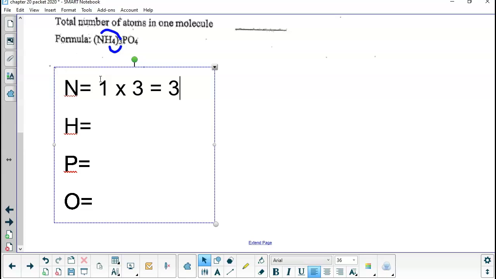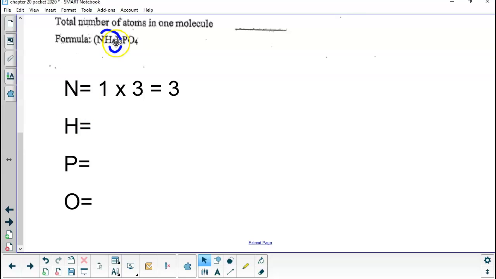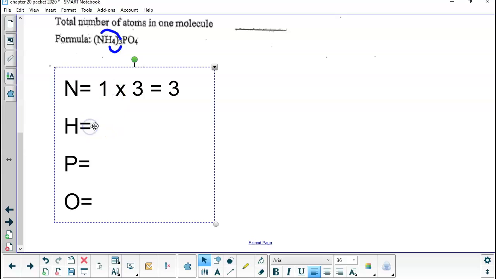So in reality, I have 3 N's. For the H, there's 4 H's inside, and I have 3 groups of them. So I'm going to have to distribute that. So 4 H's inside times the 3 on the outside, I actually have 12 H's altogether.